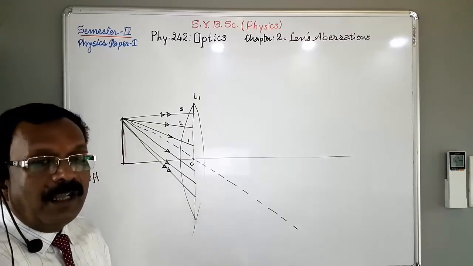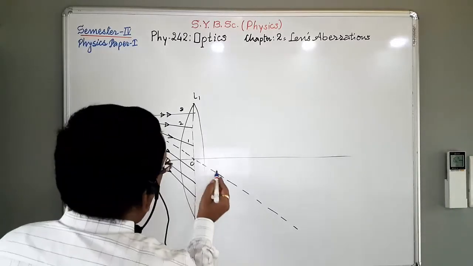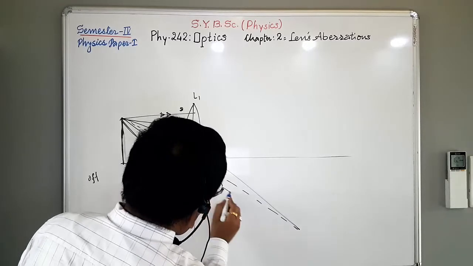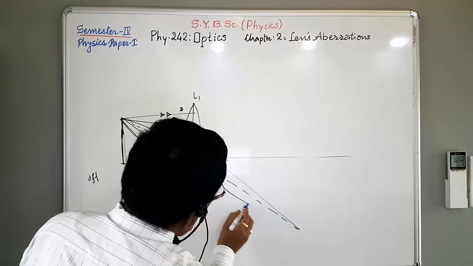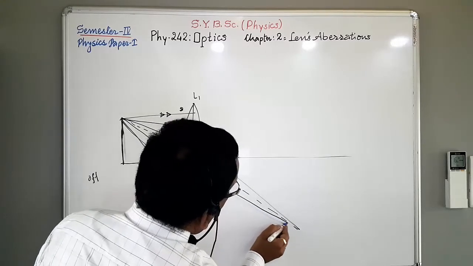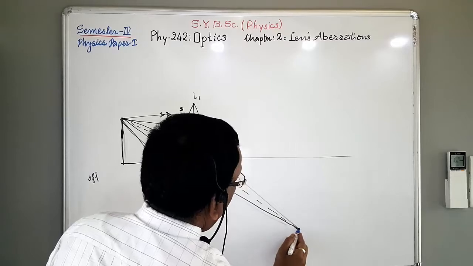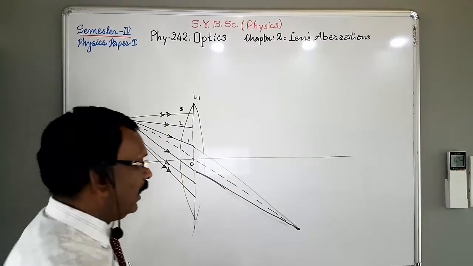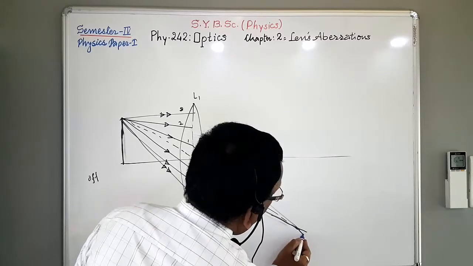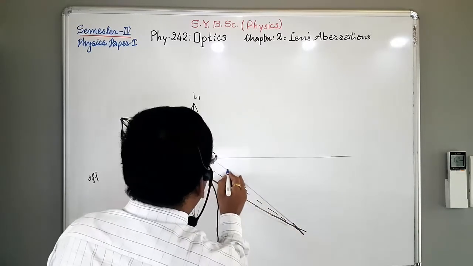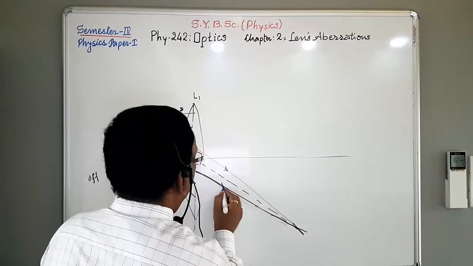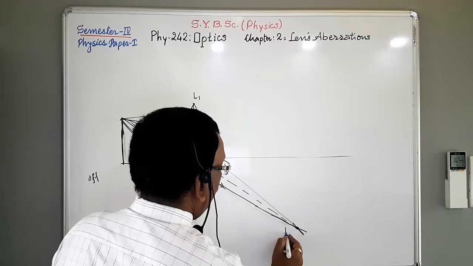So after refraction, you will get the image at this point. Image is formed at point P.